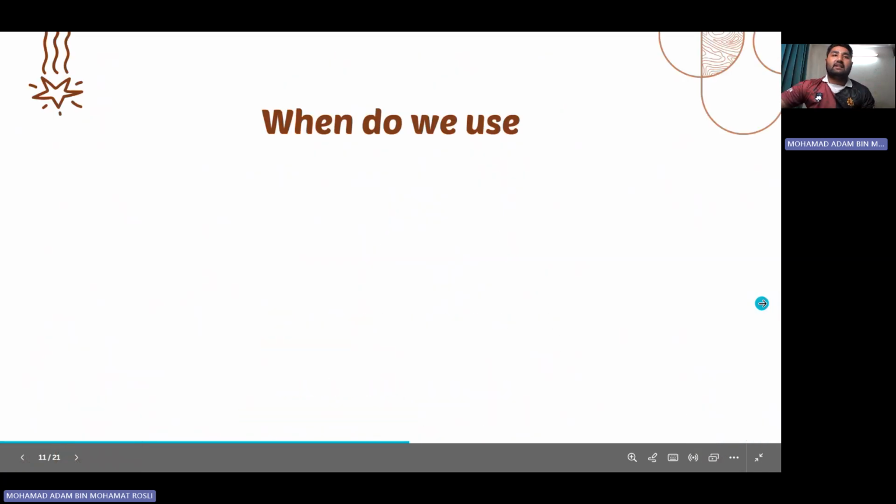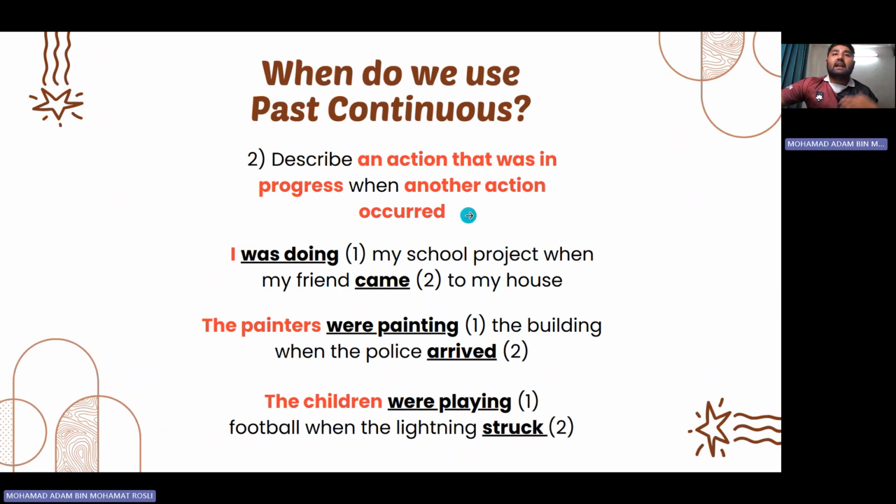Okay, let's simplify this. Like I have said before, we can also use past continuous tense to describe an action that was in progress when another action takes place. So here, I is the subject. So I is a singular subject. So we use the verb to be, was. And doing here, the root verb of this is do. And we add ing at the back of it. So I was doing my school project.